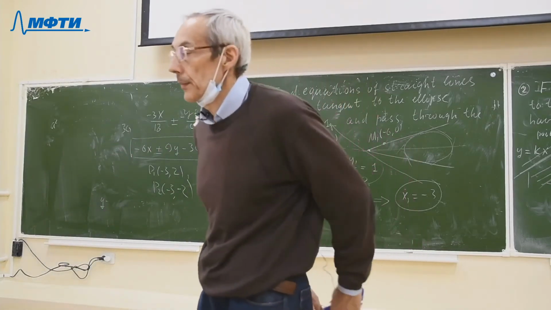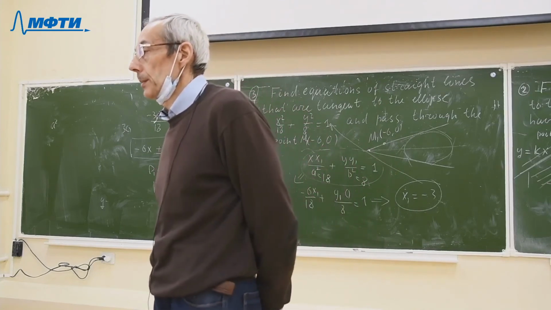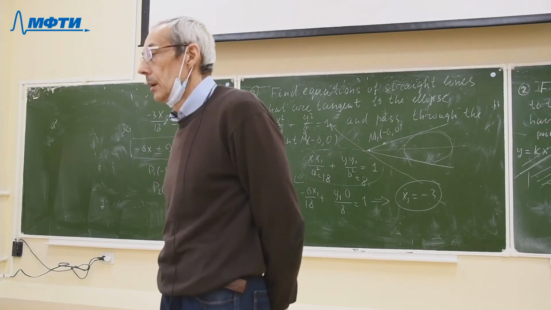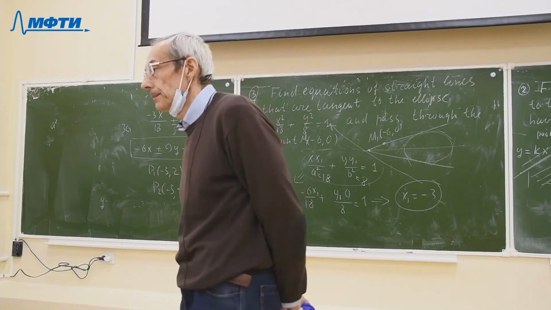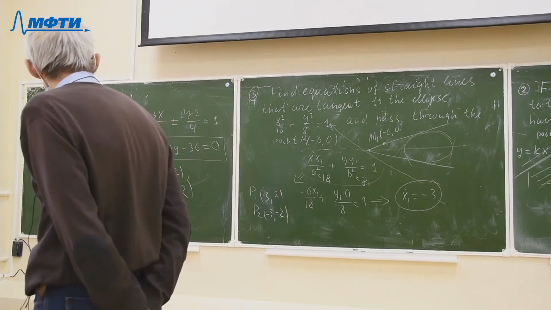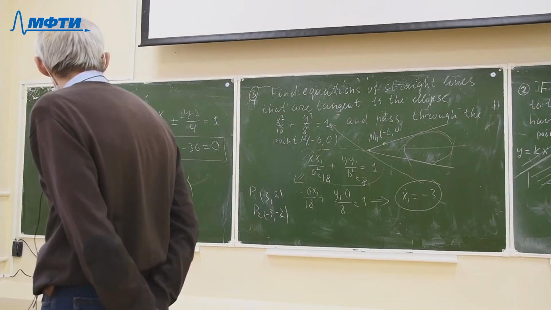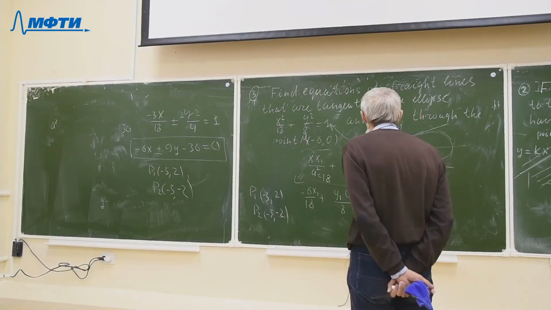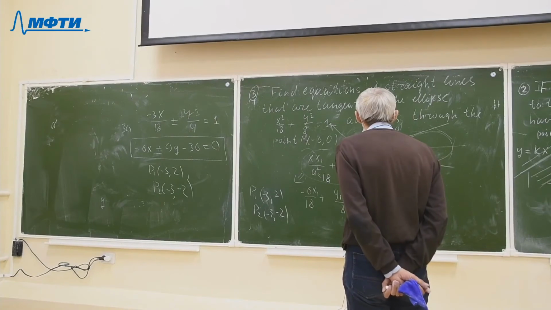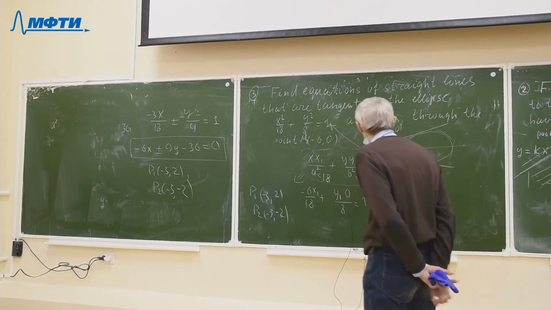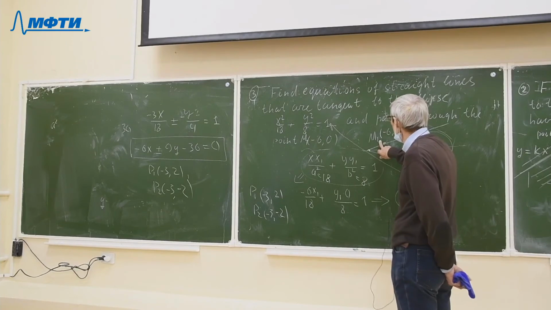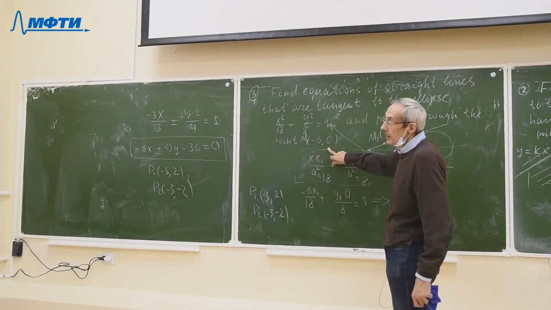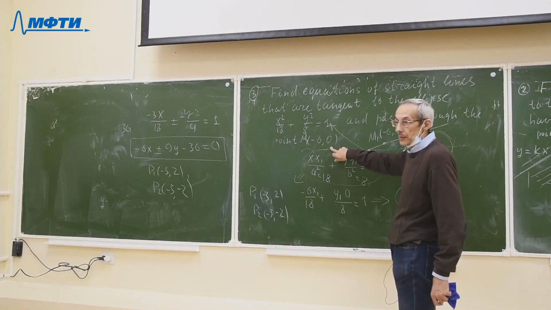Any question about this problem? Professor, the point M is not on the ellipse, right? The point M, which was given in the question. Point M, (-6, 0). Yes. This point is the point which lies on our tangent. It's not on the ellipse.